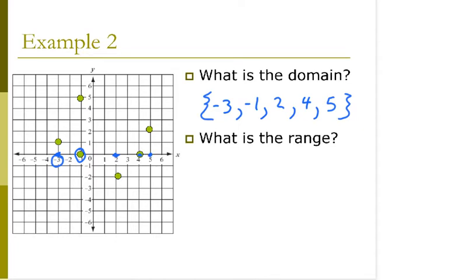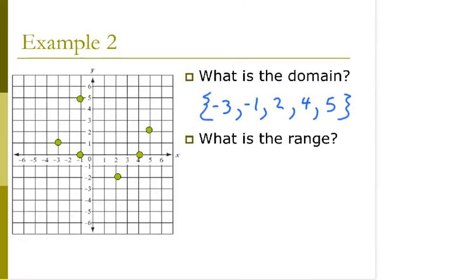We could use the same idea to figure out the range. Notice that this point has 5 as its y value, so 5 is in the range. This point has 1 as its y value, so 1 is also in the range.